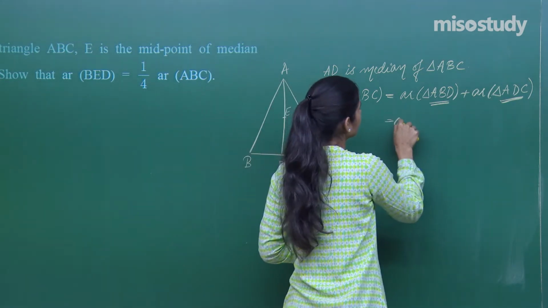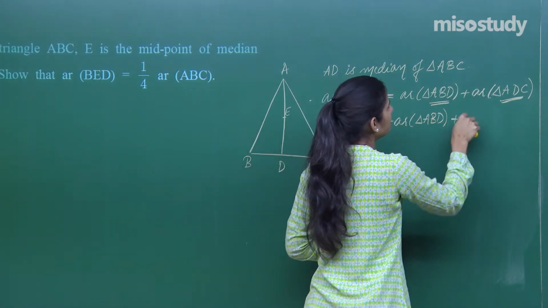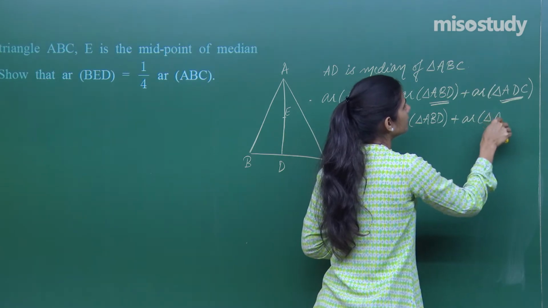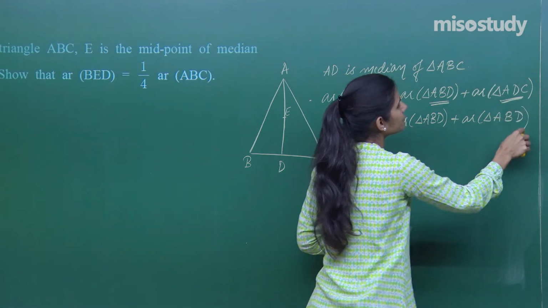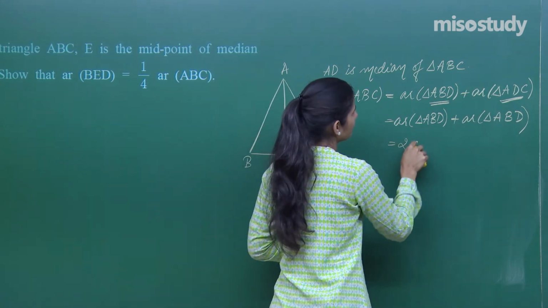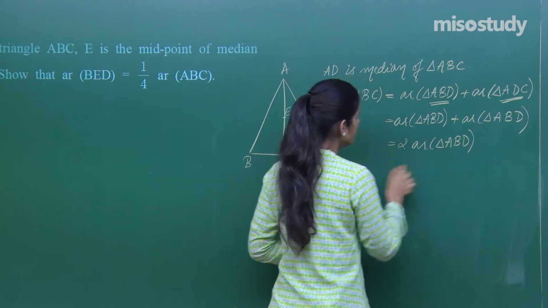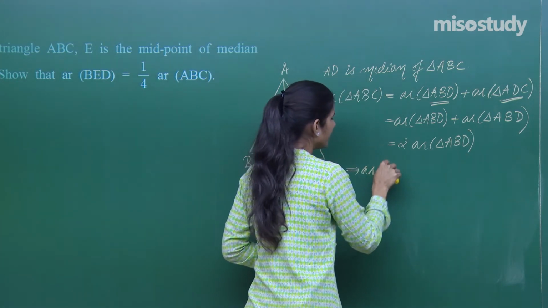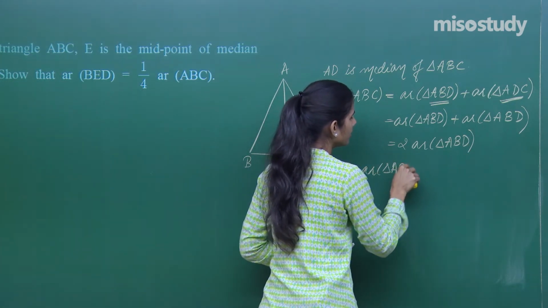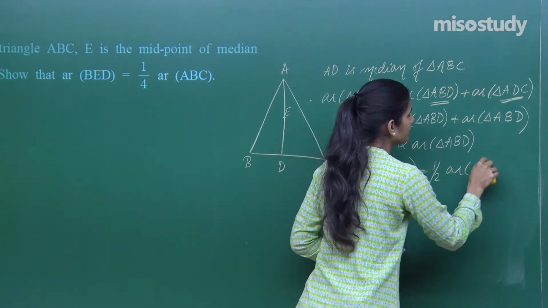So I can write area of triangle ABD again plus area of triangle ABD, because ADC's area is same as ABD's area by the result that we've done. This is twice of area of triangle ABD, which means area of triangle ABD is half of area of triangle ABC.